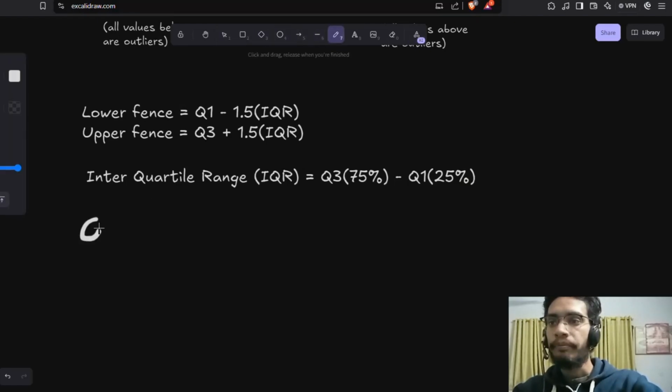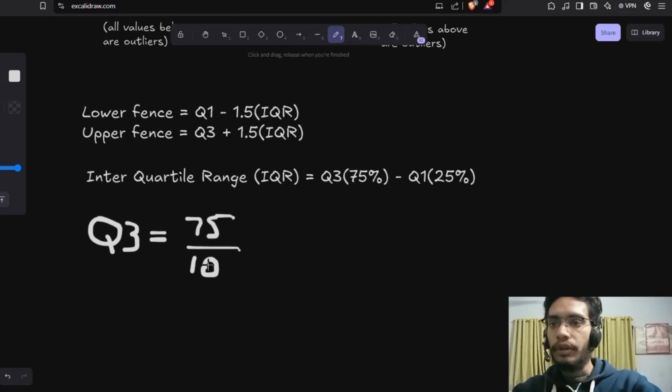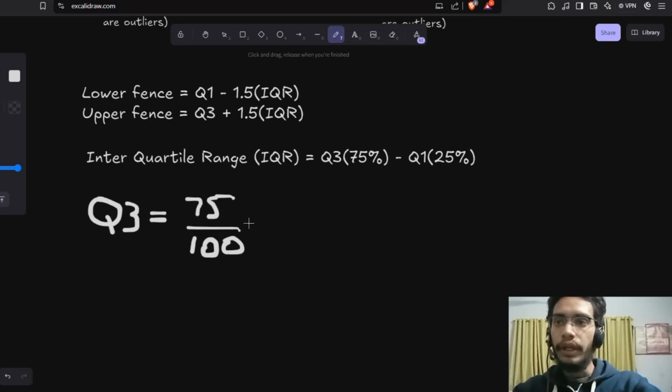First we'll calculate Q3, which means the 75 percent. So we take 75 divided by 100, and multiply by n plus 1.